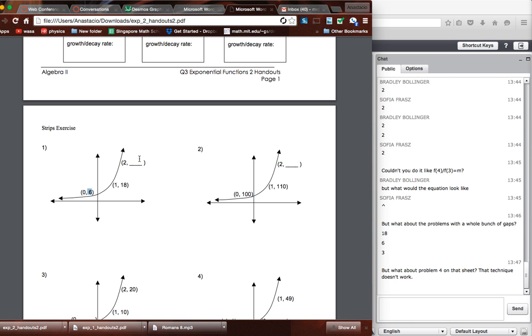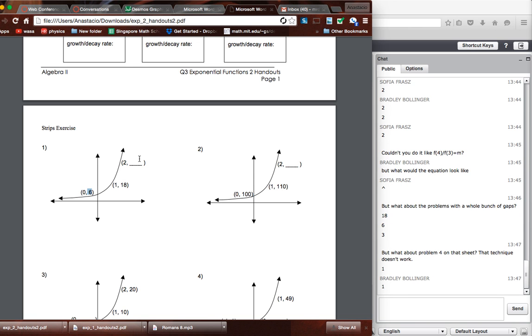What is anything to the 0th power? Anything to the 0th power is 1. Even 0 to the 0th power is actually 1. I know, that blows your mind, but just stick with the rule that anything to the 0th power is 1. We cool? So here's my question to you.